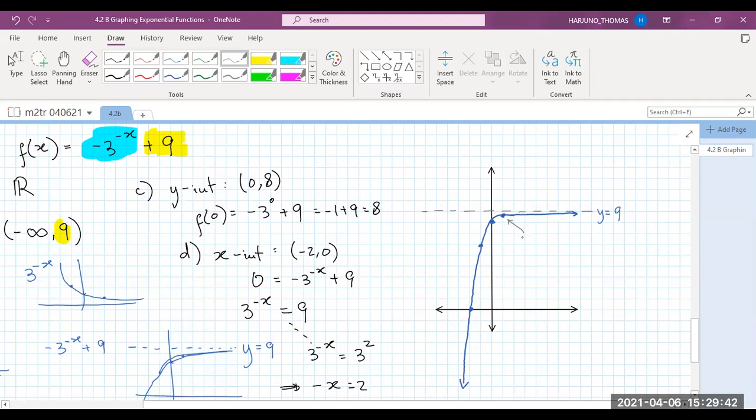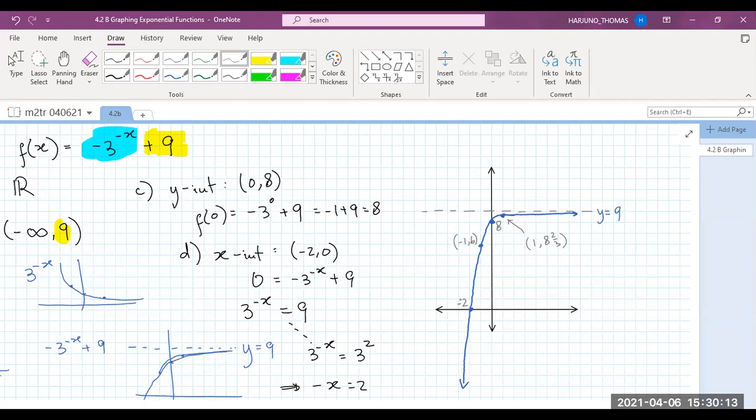This is (1, -1/3) plus 9, which is 8 2/3. This is (0, 8). This is (-1, 6), and this is (-2, 0). So if you don't use graphing paper, then make sure you label them.